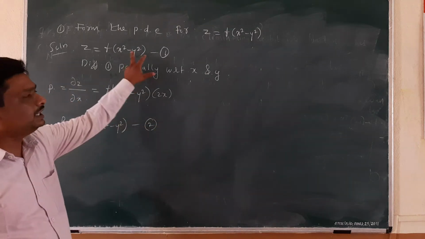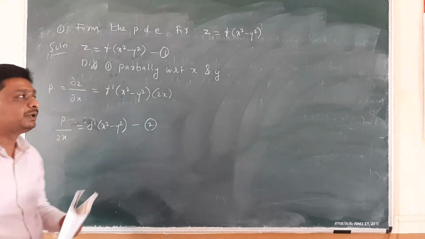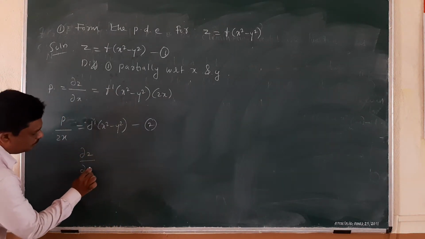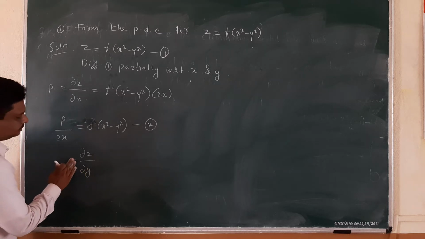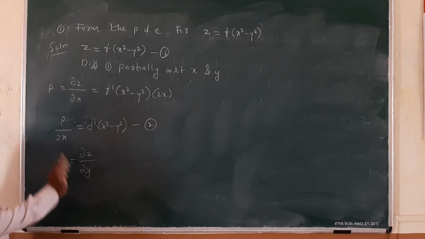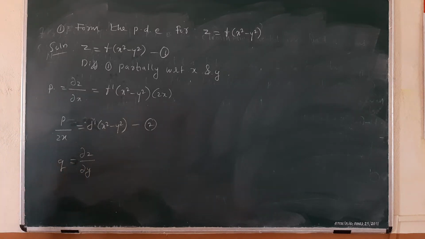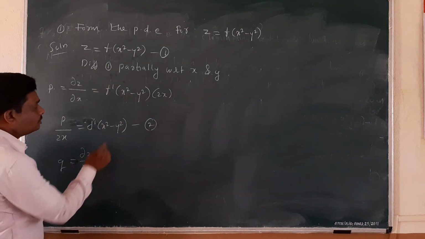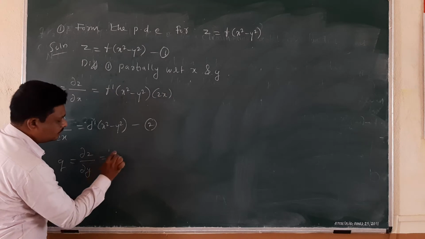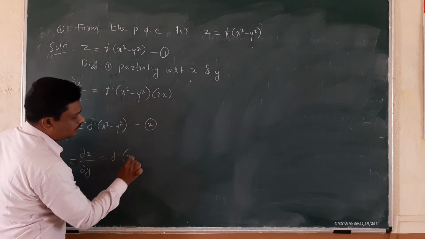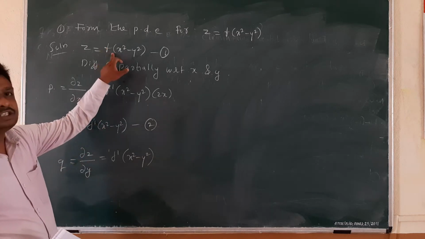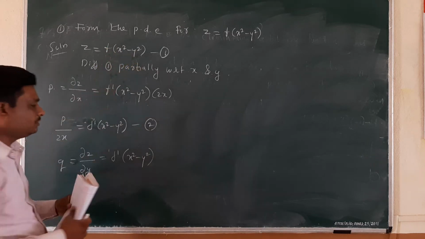Again I will differentiate equation number 1 partially with respect to y, that is dou z upon dou y. This is nothing but q, so I will use the notation here. Now I will differentiate this with respect to y partially. Again derivative of f is f dash of x square minus y square. F the function is removed, remaining is x square minus y square.